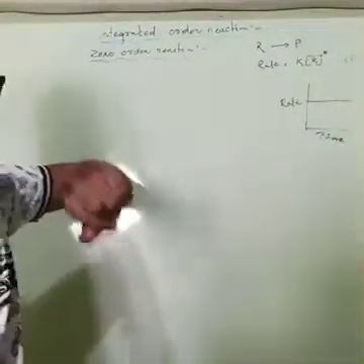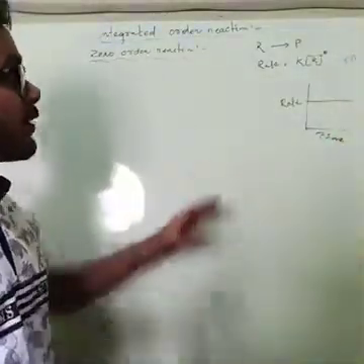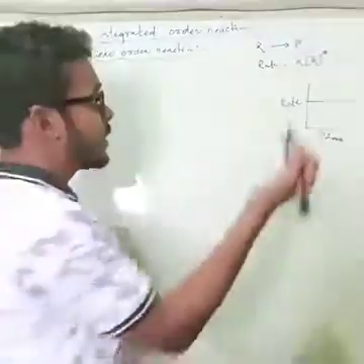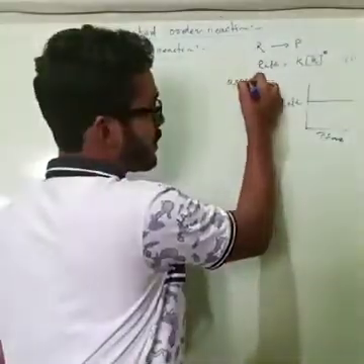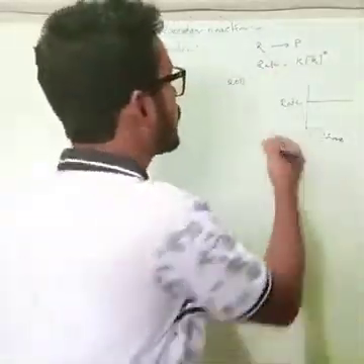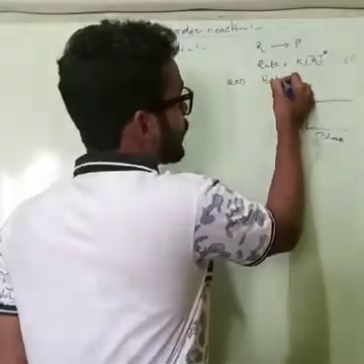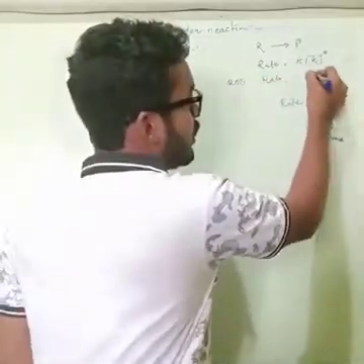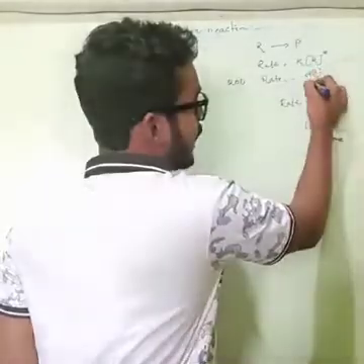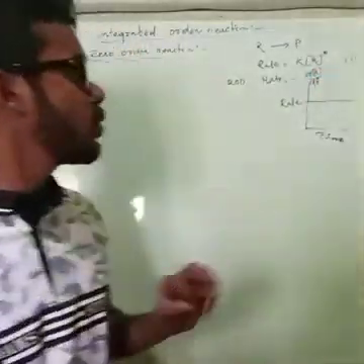And the second thing is the rate of disappearance. How do we know that? The rate equals minus d of R by dt. Yes or no?